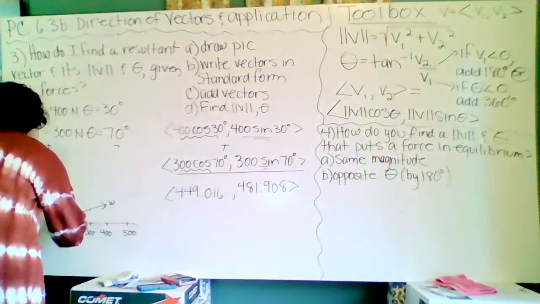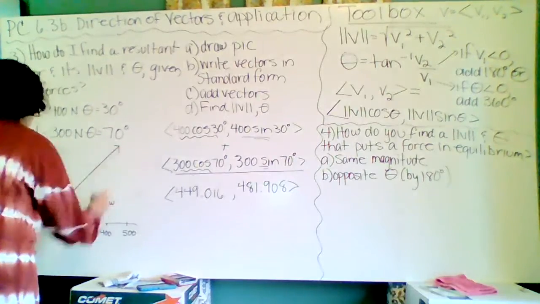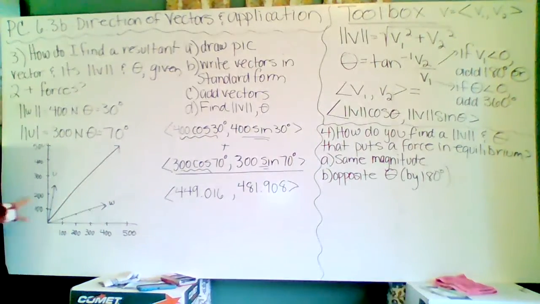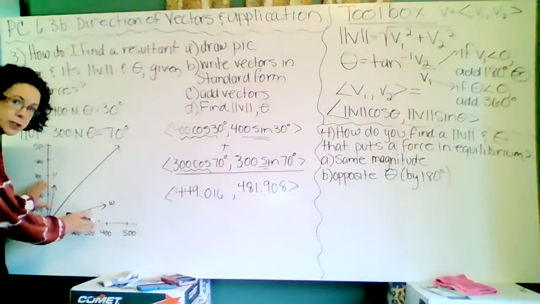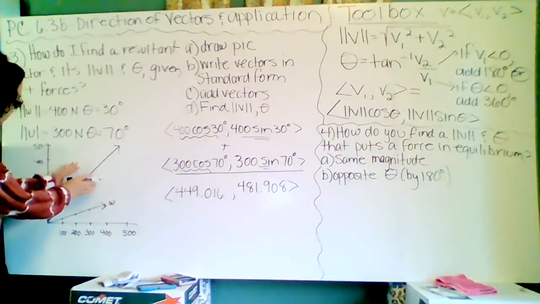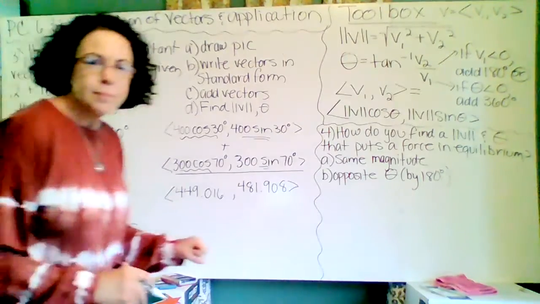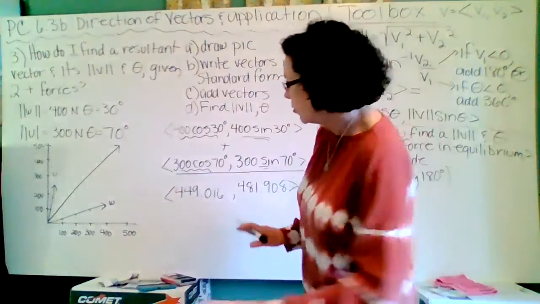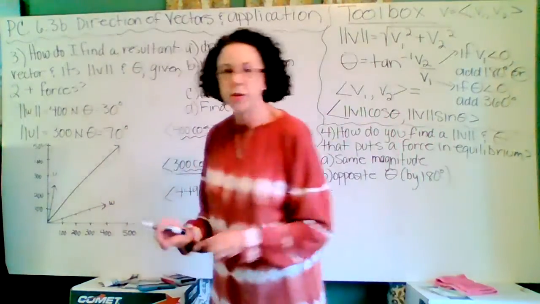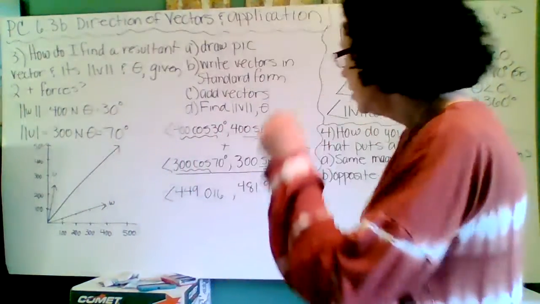Let's take a look. There we go. Is it possible that if you added these two forces in these directions together, that you might get this vector here? I think so, right? They're working in the same direction quite a bit, okay?